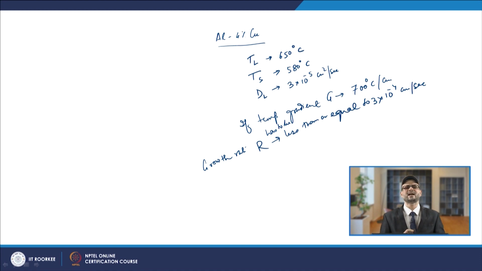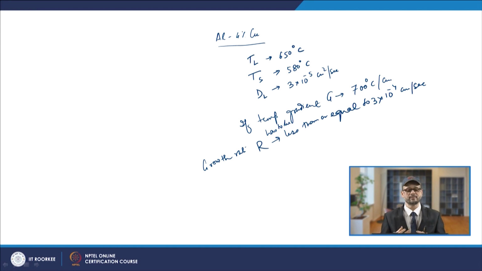Now, when you have the arms being formed, they are certainly not good, in the sense that there is a chance of liquid being trapped between the dendritic arms, and that will be prone to defects or chemical inhomogeneities as the situation may be.